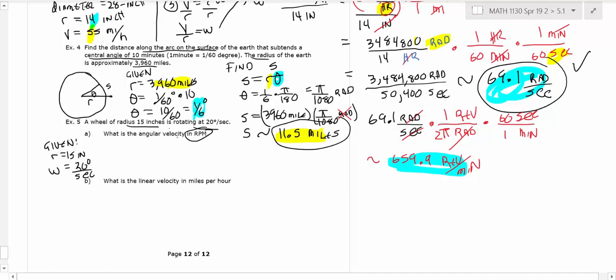So we have omega is 20 degrees per second, and we're going to change this to revolutions per minute. The first thing you want to do is get the degrees to go to radians. So we're going to multiply the 20 degrees by pi over 180.